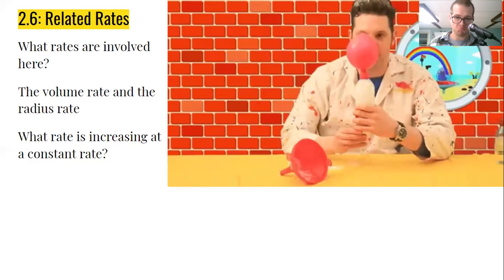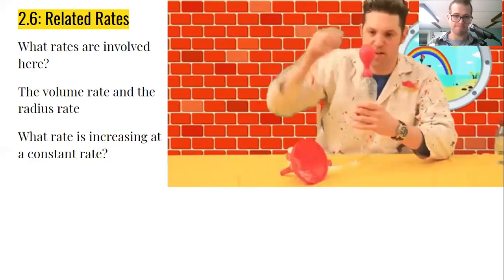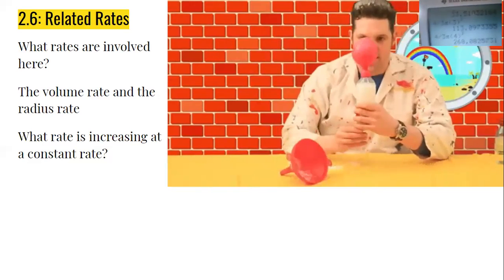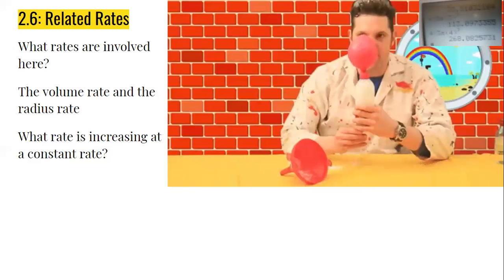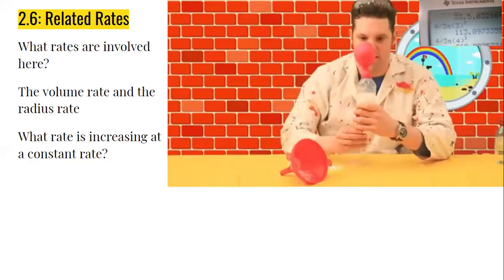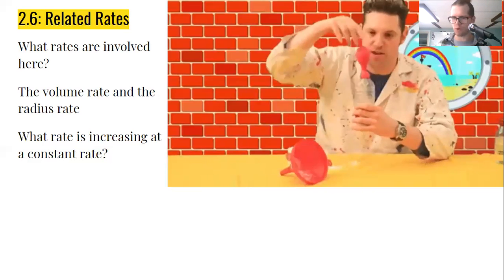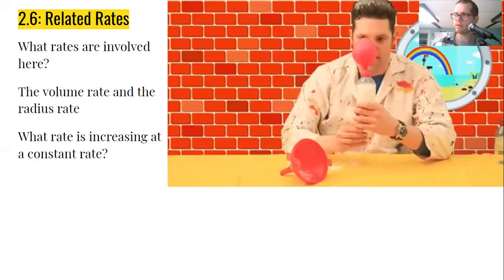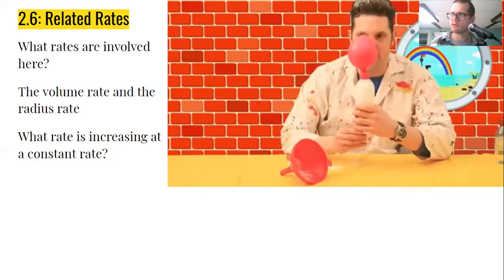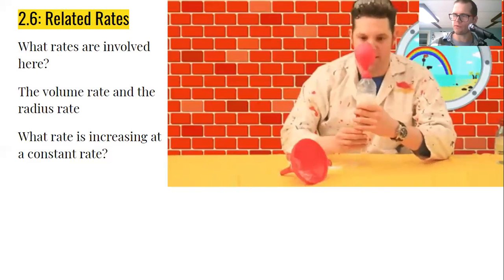Like, for instance, what happens at 4? That's added another 150-ish. So we went from adding like 29 to 80 to 150. It's growing more and more every time. So if the radius is increasing at a constant rate, the volume is going to keep growing at a greater rate.